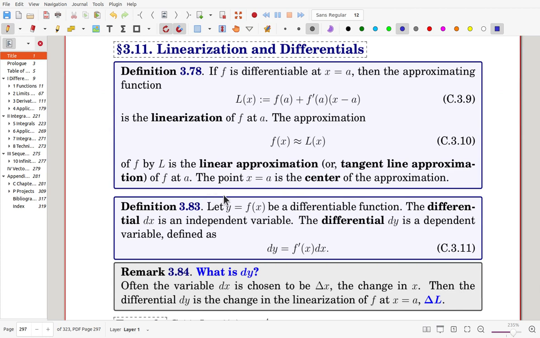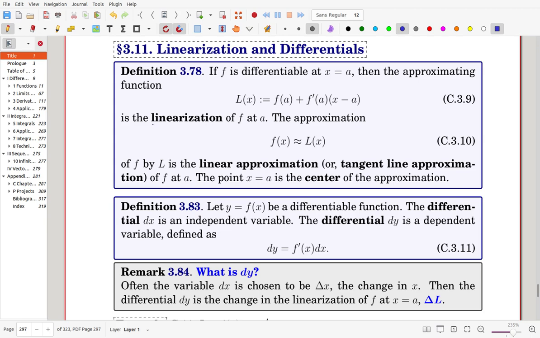Linearization and differentials. If f is differentiable at point a, then the approximating function L(x) is basically the tangent line, and is the linearization.